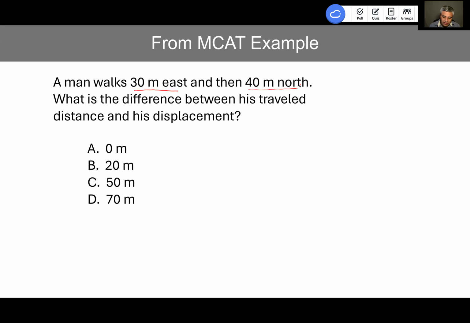But in this question, it's not just asking for displacement, rather it is asking for the difference between distance and displacement. See, the MCAT is famous for combining different concepts in one question. And in this case, it's not just asking for distance, it's not just asking for displacement, it's asking for the difference between them, okay? It may not even look like a physics problem, but it is actually a physics problem, okay?